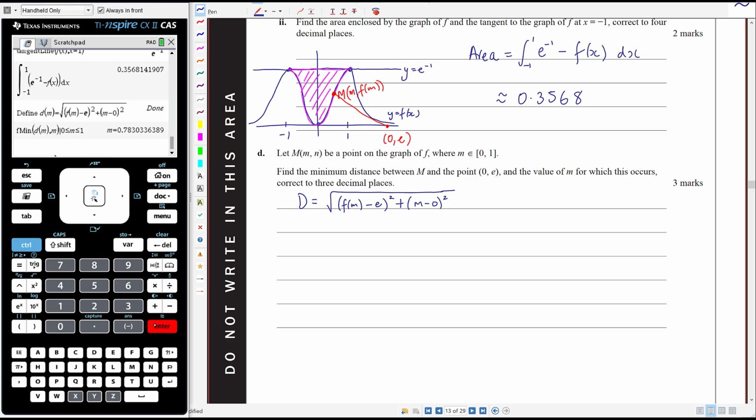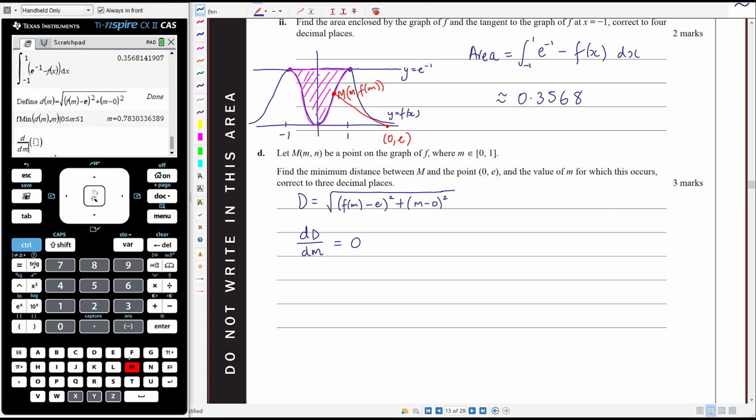Given that it's a 3-mark question though, I would suggest that you want to be showing, I would still be writing the derivative, solving the derivative with respect to m of d of m equal to 0. So actually we might just do a quick derivative with respect to m of d of m.